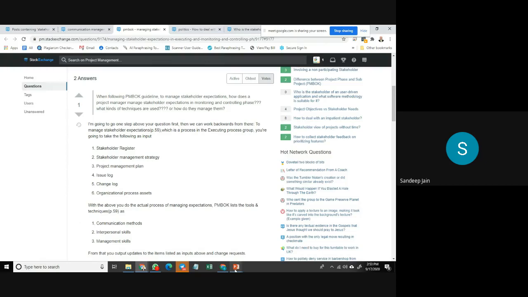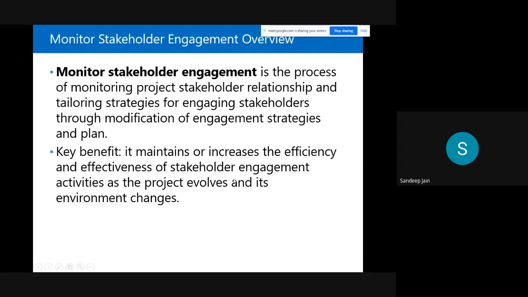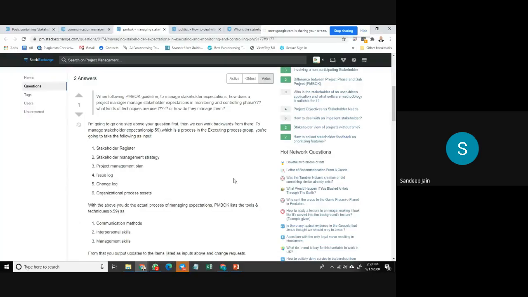The slide here is saying monitor stakeholder engagement. Monitor is like somebody supervising your stakeholder engagement. Somebody is looking at whether the project manager has done this engagement or not. That is the intent of that sentence. So how can it be done?